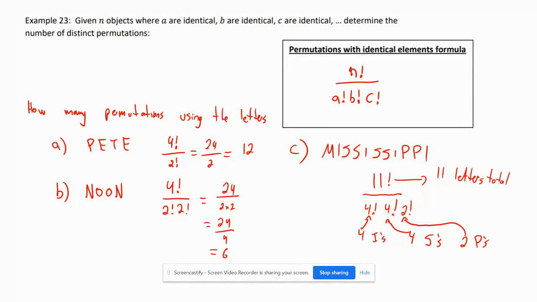Okay, and so that's how this calculation works out over here. Okay, so guys, I'll let you do that in your calculator, figure out what this is.